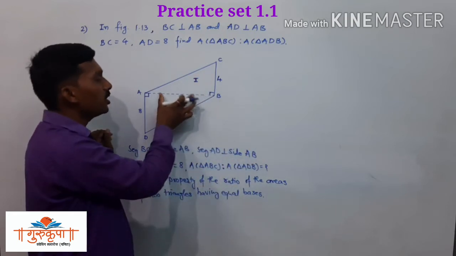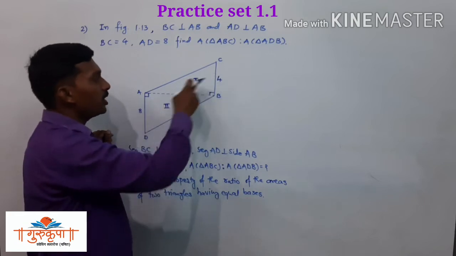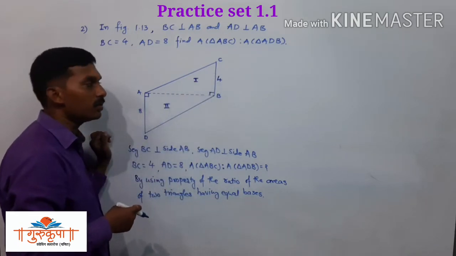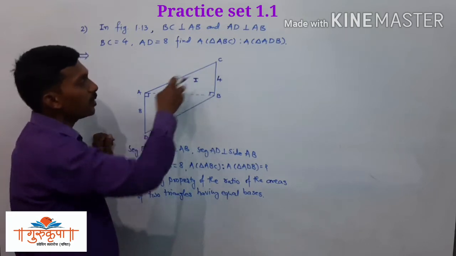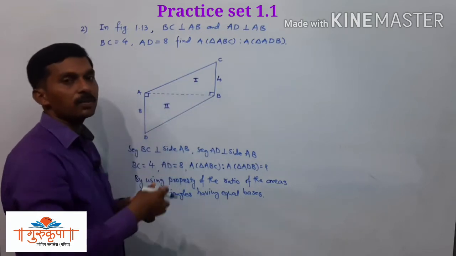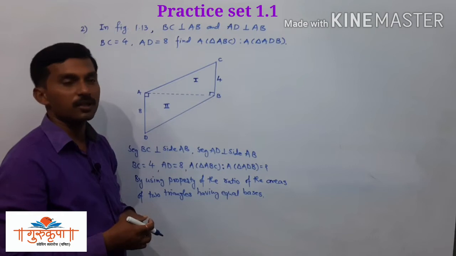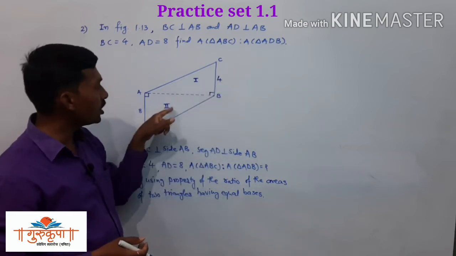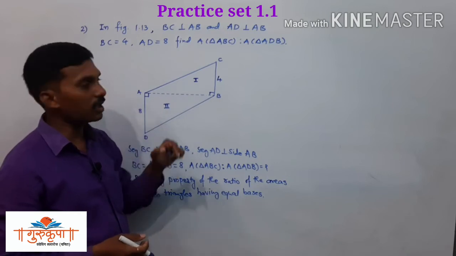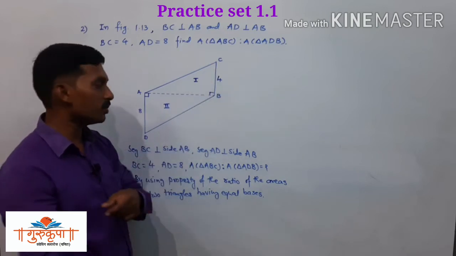Since the bases are equal, the ratio of the areas of the two triangles is equal to the ratio of their corresponding heights. We know the names of the triangles. In the previous example, we didn't know the names of the triangles, so we represented it as A1 upon A2. But here we know the names of both the triangles, so we have to write the names of the triangles there.